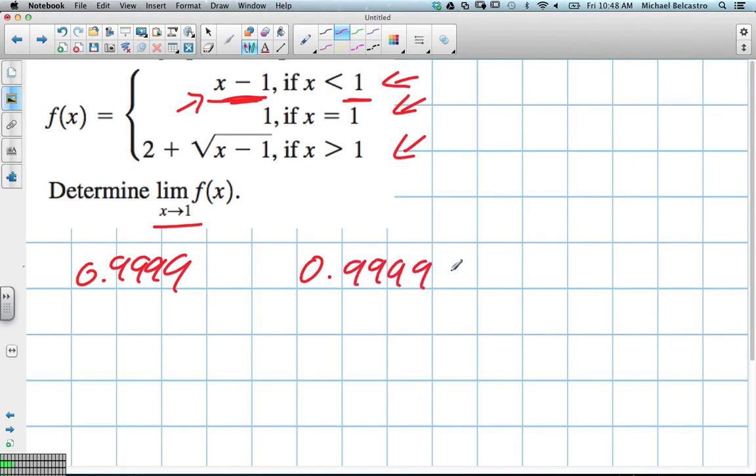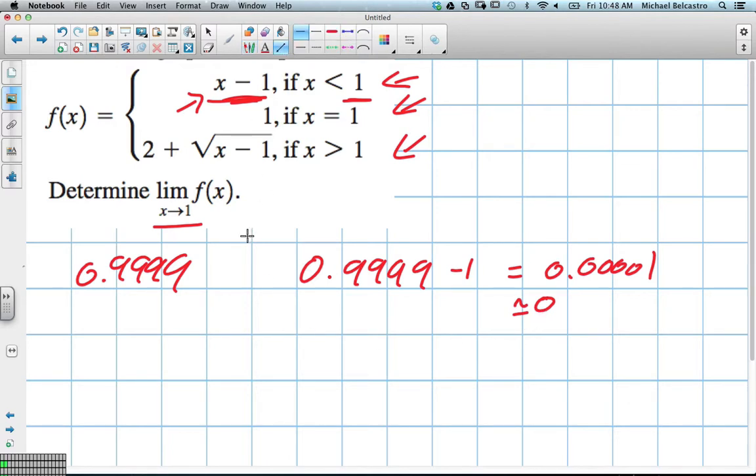0.9999 subtract 1 gives us a value of what? Anyone know? Something very close to, or approximately, 0. So we're getting a value of almost 0 at the beginning of this.